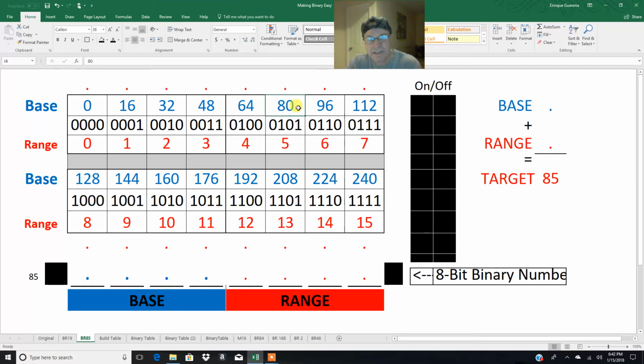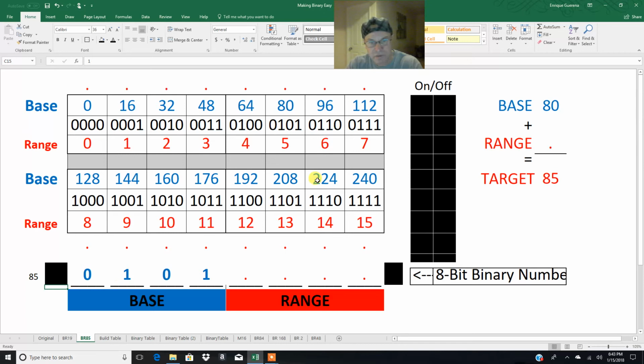Well, the smaller base is 80. Now, if we want to find 85, it's in the same try box. 80 plus 5 is 85. The associated binary of 80 and 5 is 0101. So you do the base first, you activate that, and there it is.